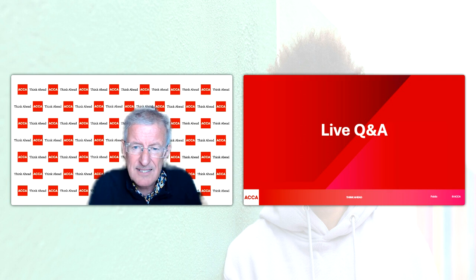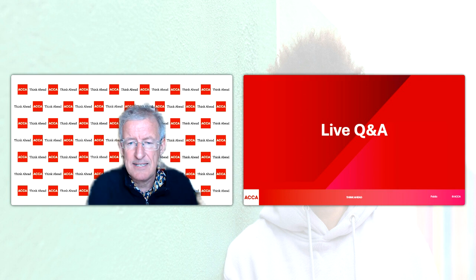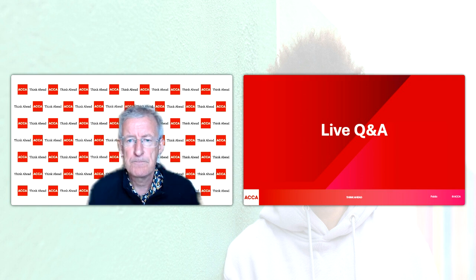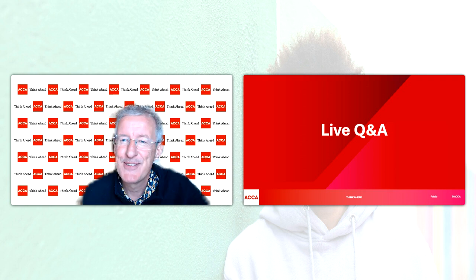Jamal asks, I would like to know the current issues which might be tested in the upcoming exams. Could it be sustainability reporting, which is getting attention these days? Yeah, sustainability reporting is getting attention. Could be in question 2, because if you're engaged in greenwashing, that's unethical.